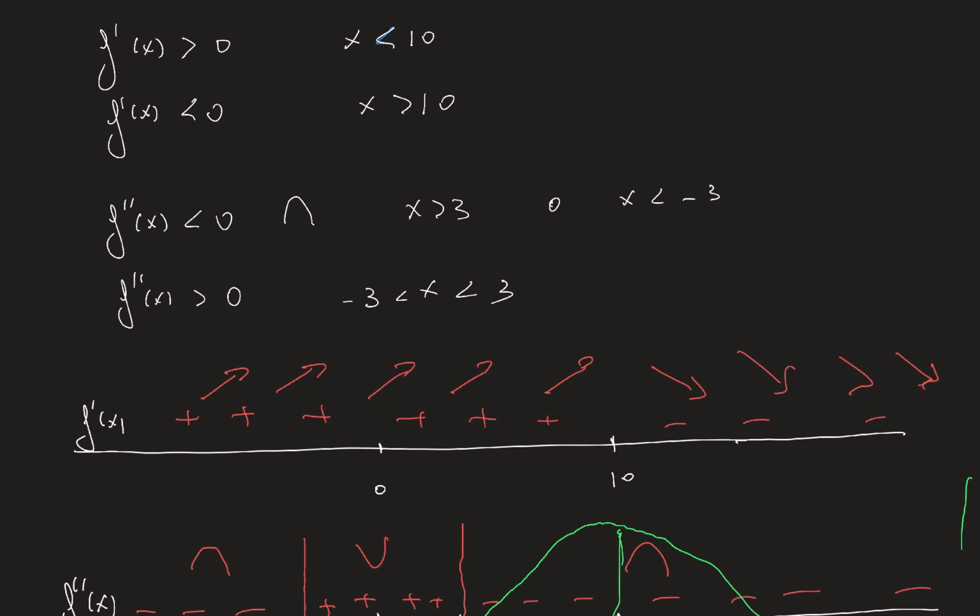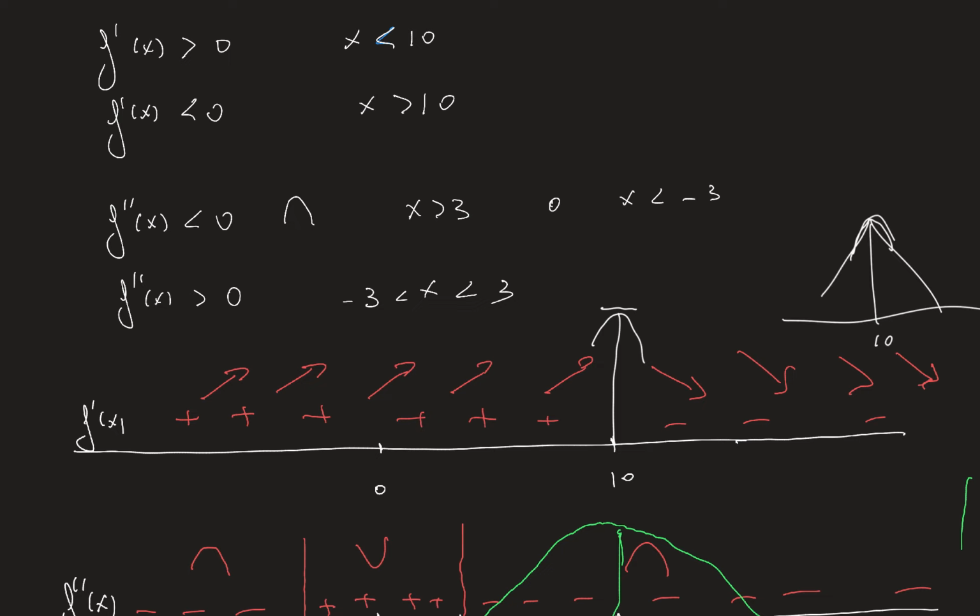So the function is doing like this and has a maximum at x equal 10, because it's positive to the left of x equal 10 and negative to the right. So at x equal 10, it has a maximum.